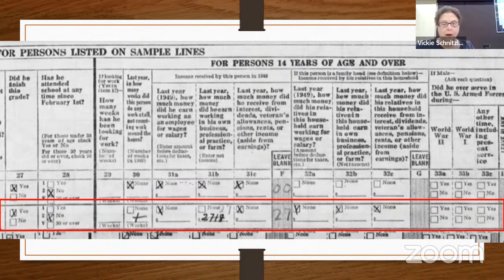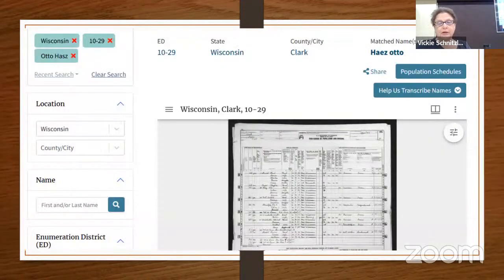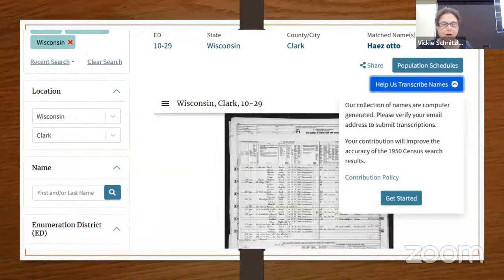So, okay, next, please. Okay, so we're going back to the original schedule. Next line. Okay. Remember I said I was going to show you how to go back and change things.